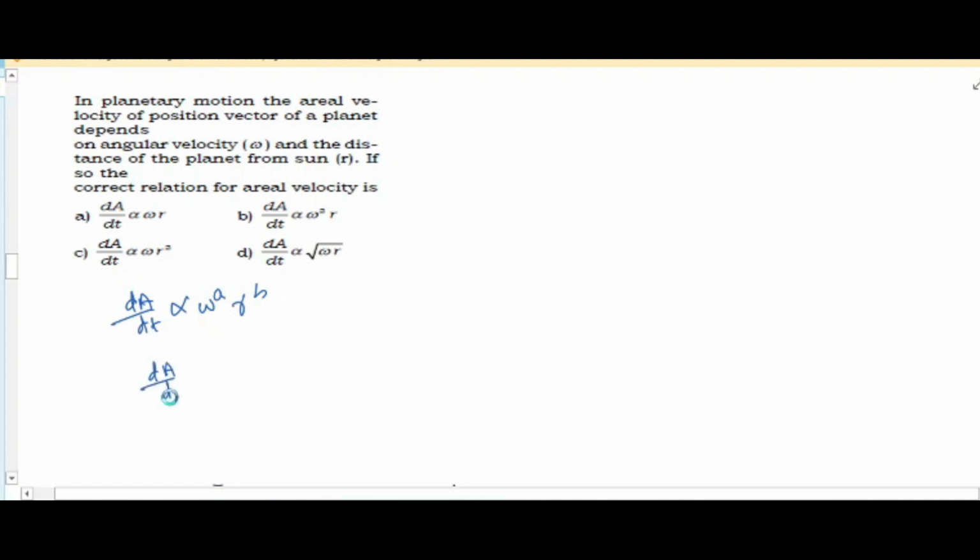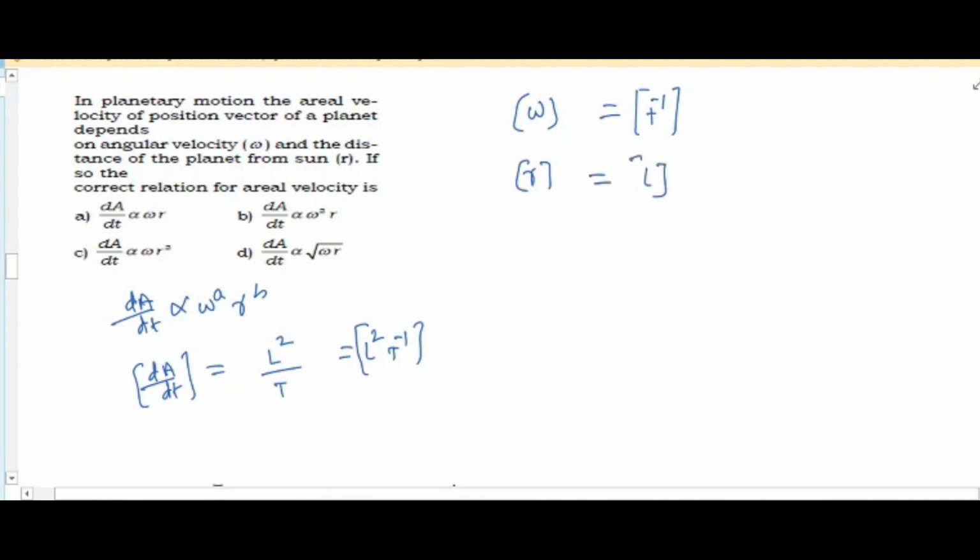Therefore, dA by dt, areal velocity, dimensional area, that is L square by t. This becomes L square t to the power of minus 1. Next, the dimensional formula for omega is t to the power of minus 1. And the dimensional formula for r is the distance, L.